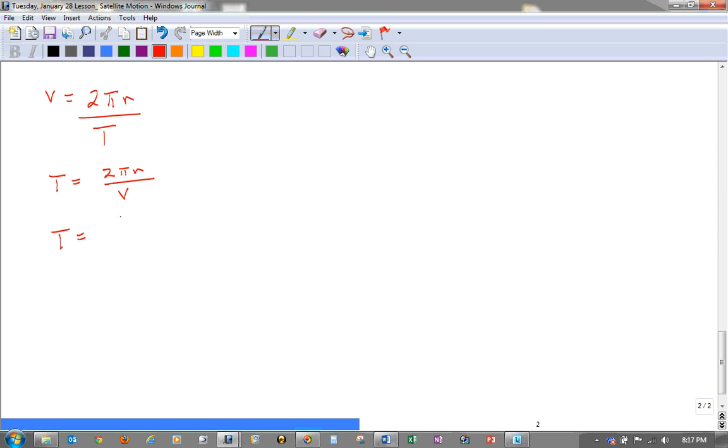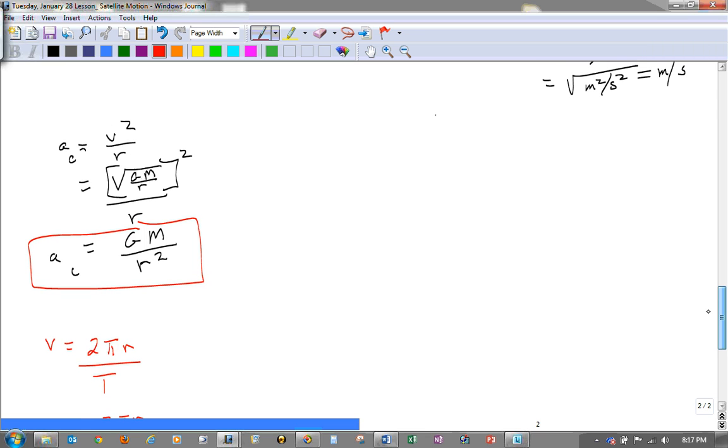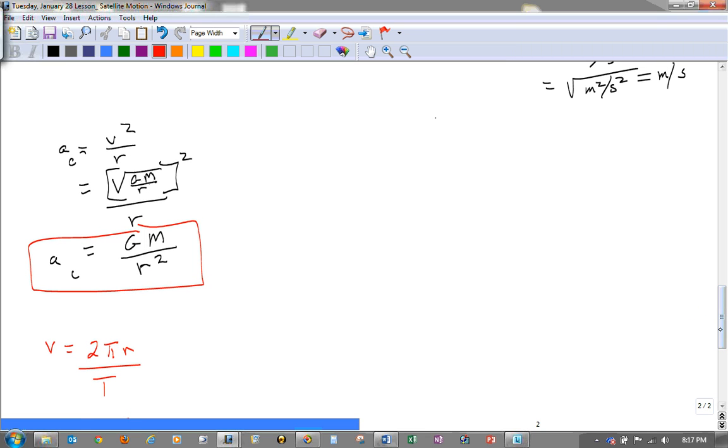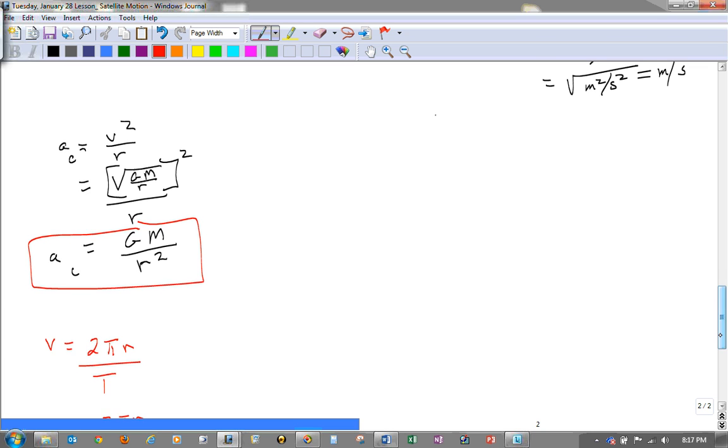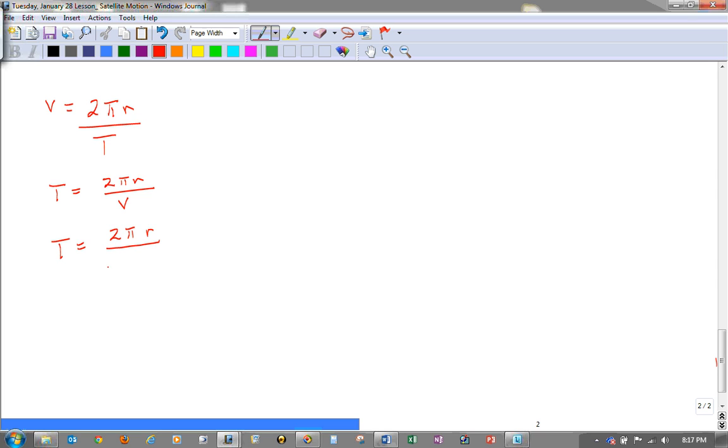T is equal to 2 pi r divided by what v is equal to. And we just had that up here. Let me show you where it's coming from. v is equal to the square root of G M over r. So I put the square root of G times the central mass divided by r.